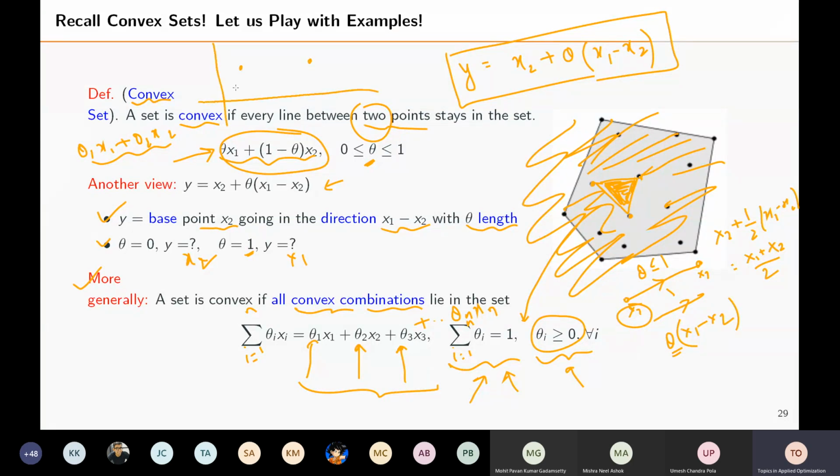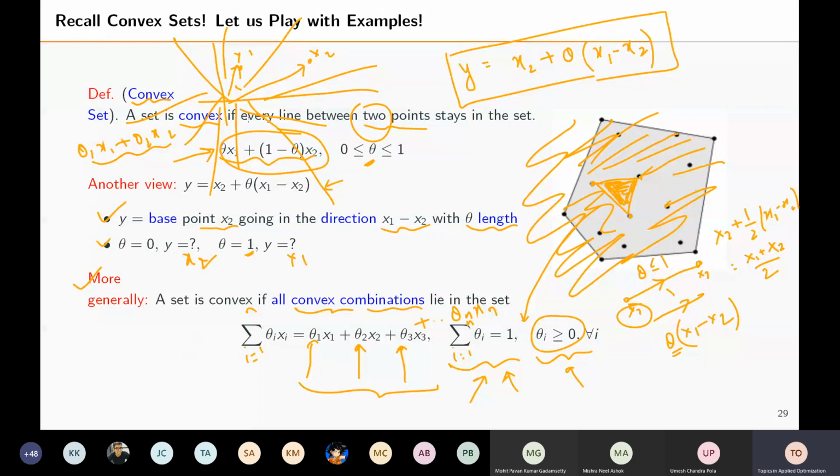If I see them as vectors, this is my x1 and this is the vector x2. If x1 and x2 are not in the same direction, so they make some angle, then we have seen that they can generate arbitrarily many points and fill the whole space. That's what we have seen before.